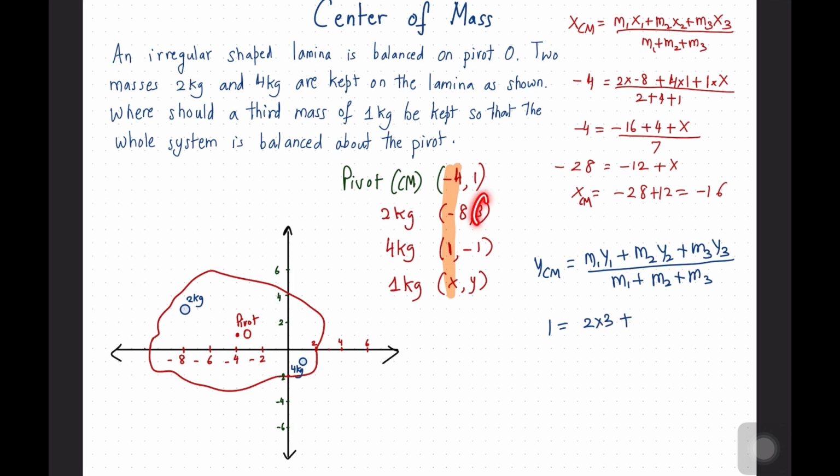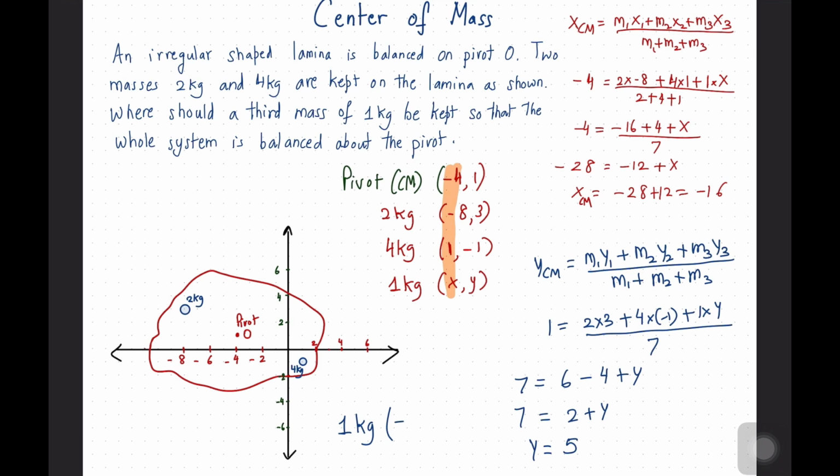So 1 equals 2 multiplied by 3 plus 4 multiplied by -1 plus 1 multiplied by y over 2 plus 4 plus 1, which is 7. Then we can simplify this further to get the value for y. So y will come out as 5. So now we know that the 1 kg mass should be kept at a coordinate of -16, 5, so that we can again balance the lamina.